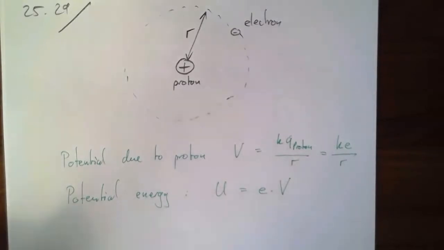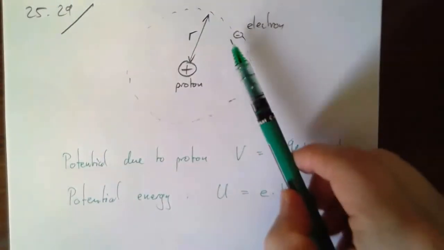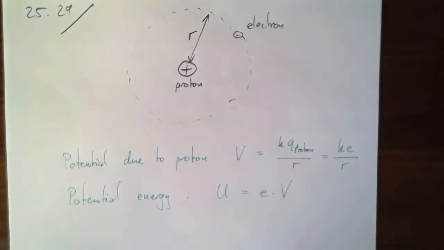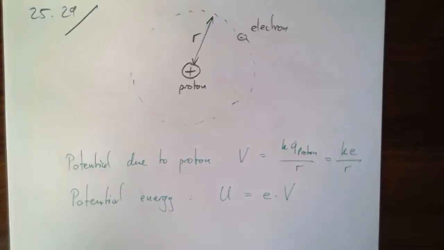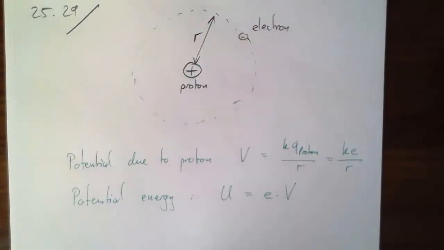Now, here's something I want to show you about this kind of setup, of something going in a circle due to an attractive force. I'm going to do it with the proton and the electron, an electrostatic interaction, but you could do exactly the same thing with a gravitational interaction, where instead of an electrostatic force, you've got a gravitational force, say, the moon going around the Earth.